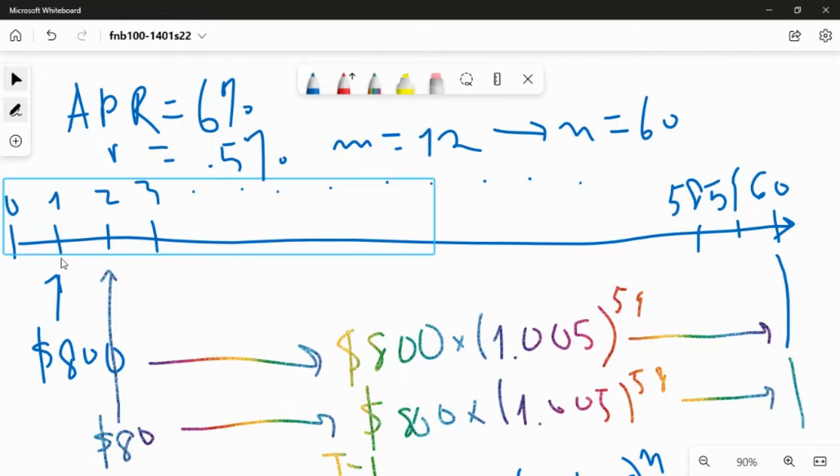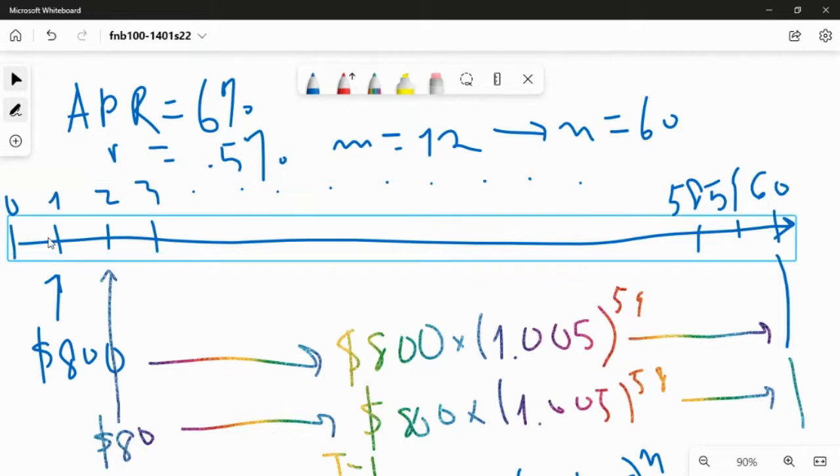But normally we start from here, right? Because think about it, you get a part-time job first, and you got to get paid. Before getting paid, you don't have money to deposit. Of course, you probably have already money, but that will be another case, another story.